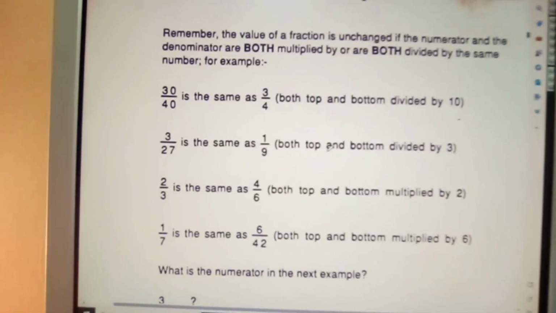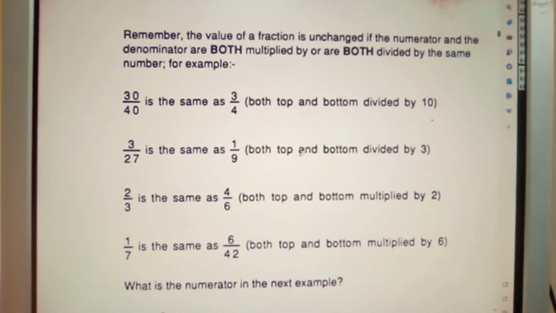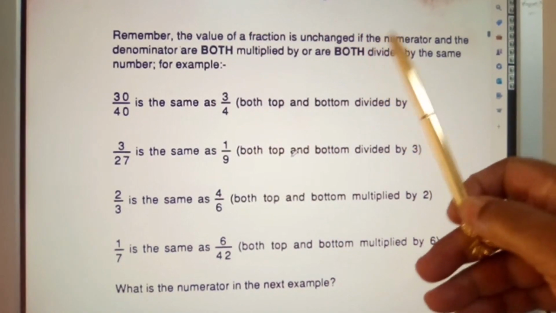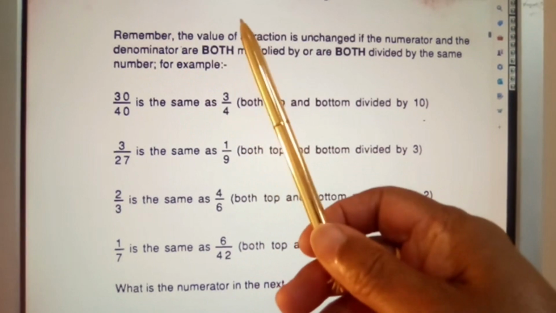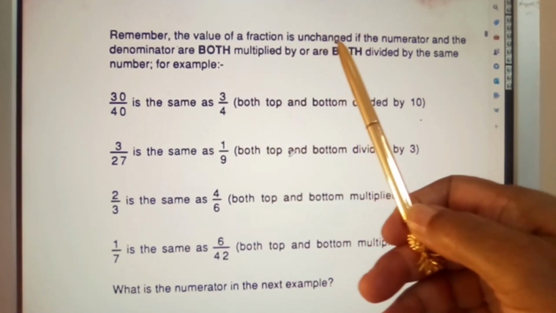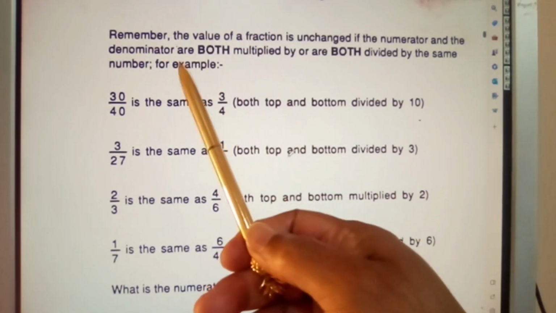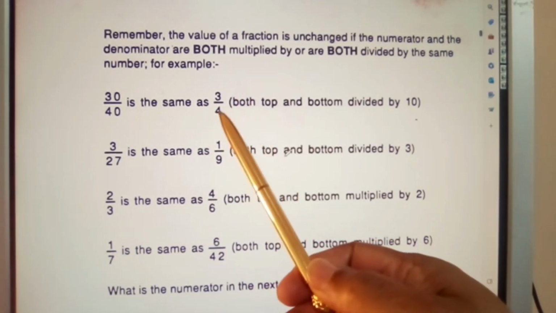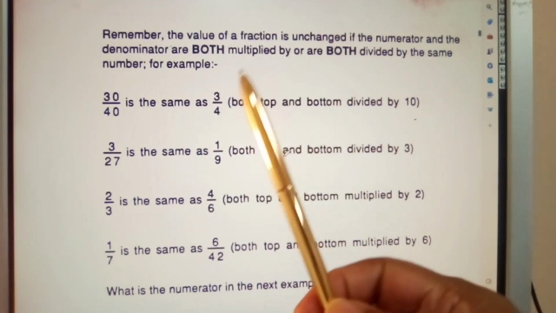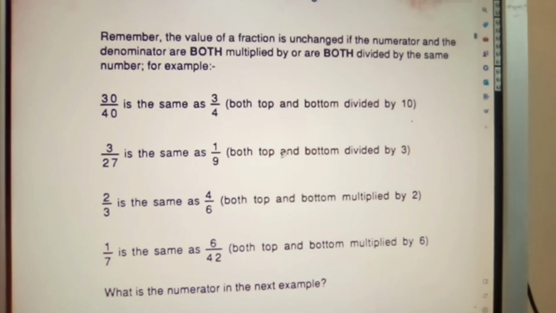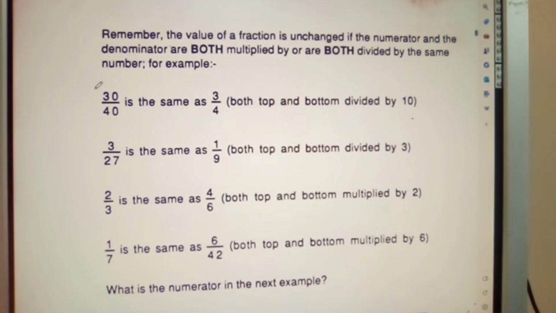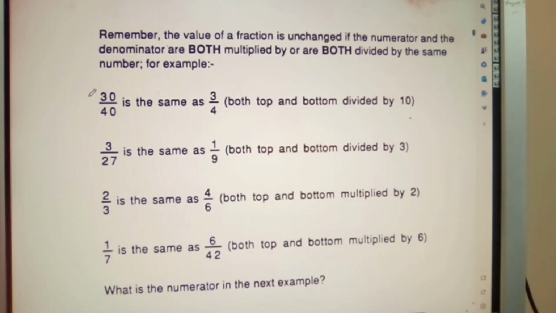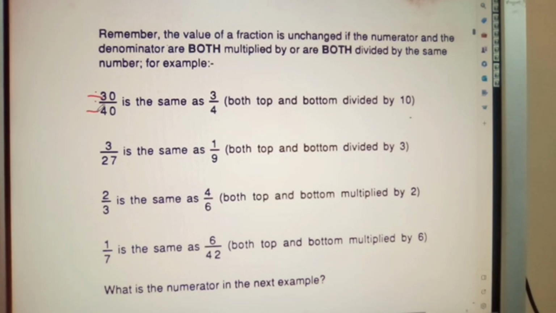Now remember, the value of a fraction is unchanged if the numerator and the denominator are both multiplied by, or both divided by, the same number. For example, 30 over 40 is the same as 3/4, both top and bottom divided by 10. So here, you take that and divide both top and bottom by 10.